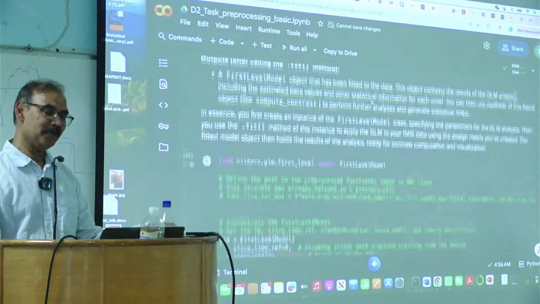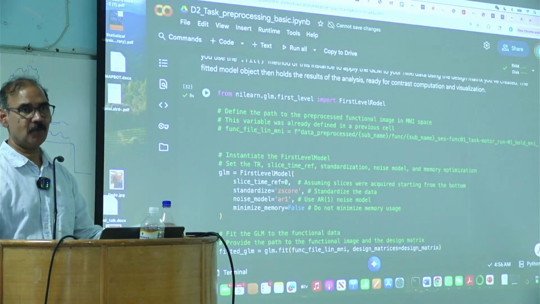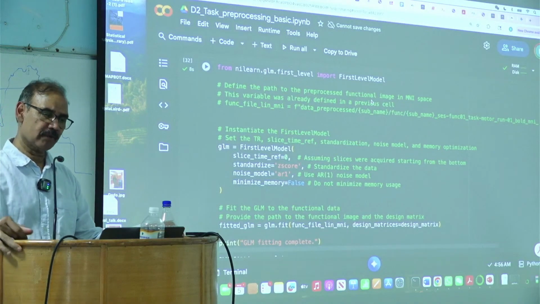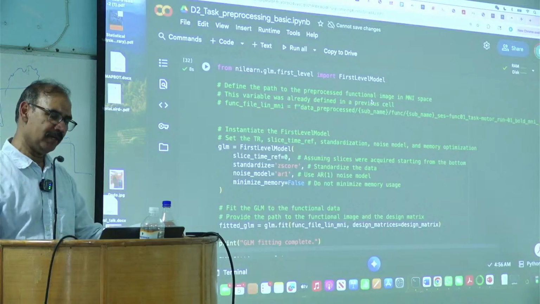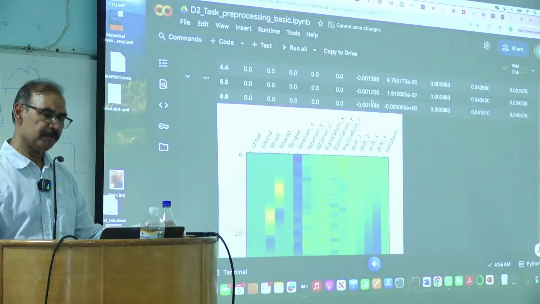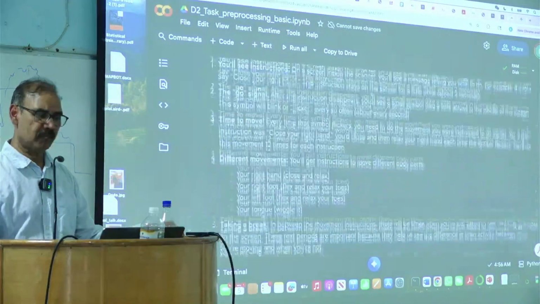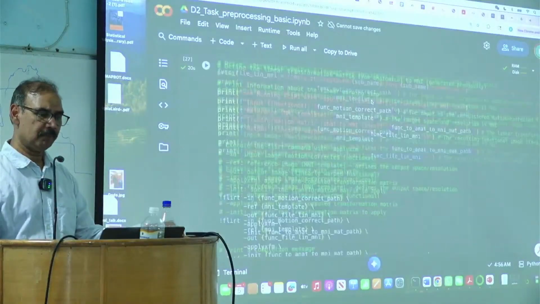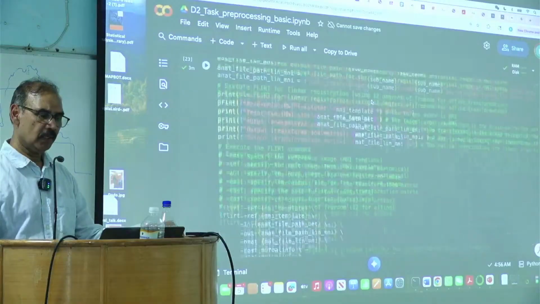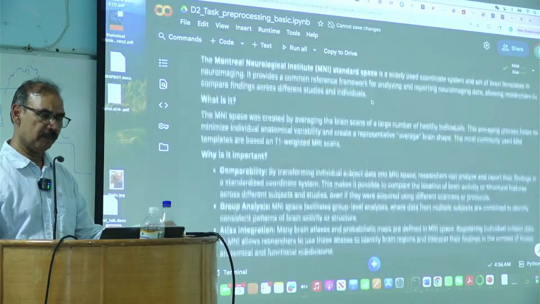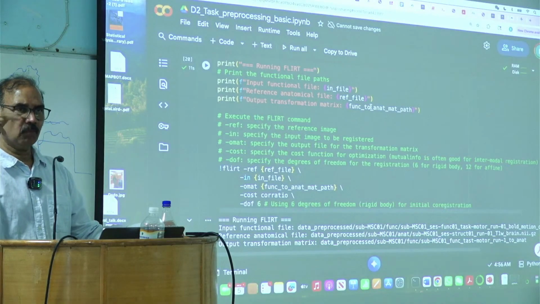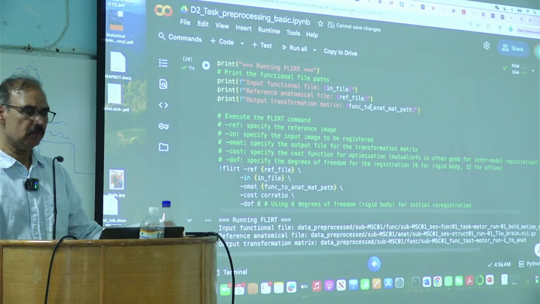This is without any statistics, so we are going to cover that later. What I have done is for the first subject, and there are a couple of things you can do. Remember, the first subject had two motor runs, motor run 1 and motor run 2.